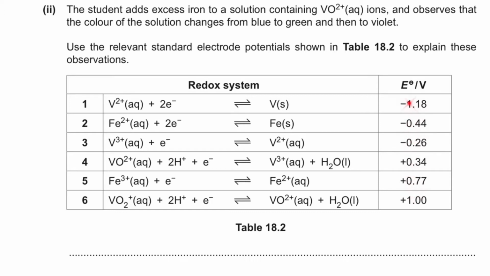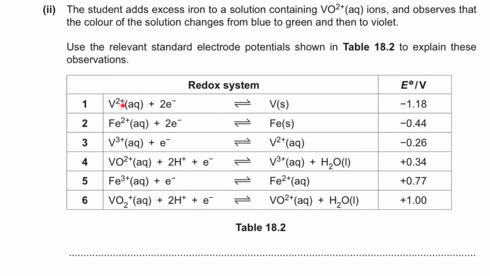The reason why they call them standard electrode potentials is that it's actually a standard reduction electrode potential. The reason is because these are reductions. You can see they are reductions because when you add electrons, it's a reduction.